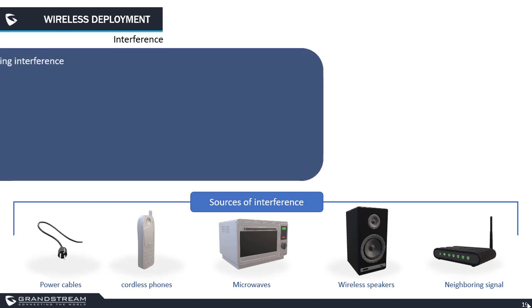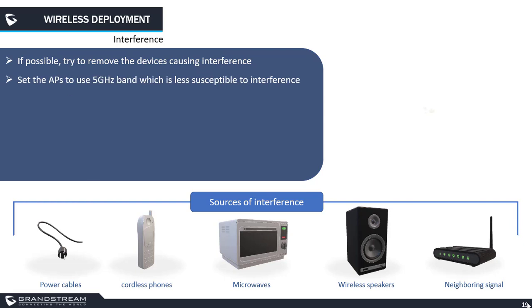So the interference can be adjusted by either removing these devices or the material causing interference. For example, if you have an access point that is deployed close to wires that run electricity, that can give interference to the access point. So either move the power cables or move the access point to a place that is far from these sources of interference.